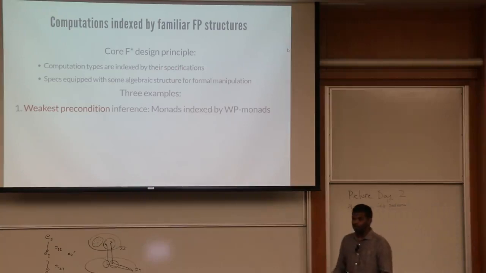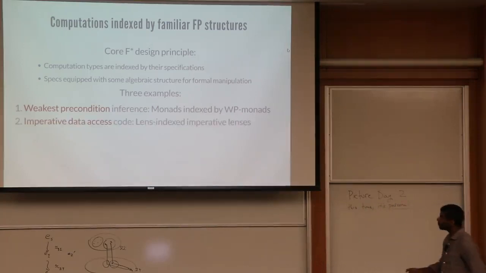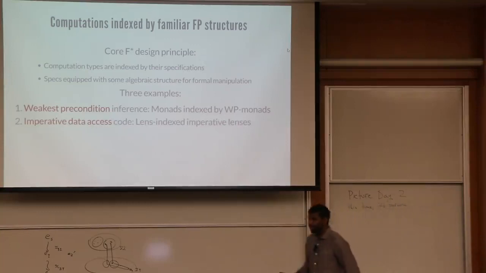And you need a way to do that in a way that's kind of generic in the effect. And I'm going to show you that weakest precondition inference is really about monads and continuation passing style.